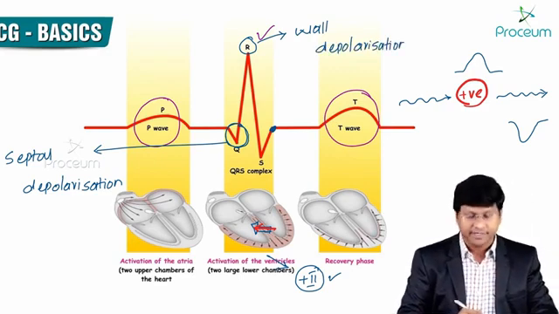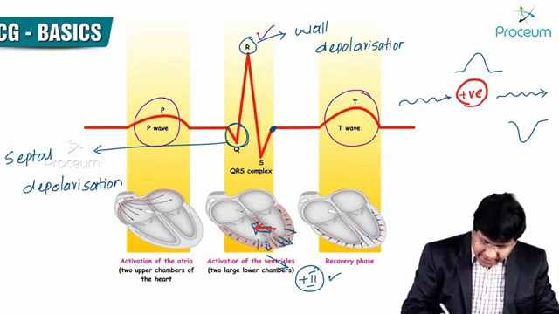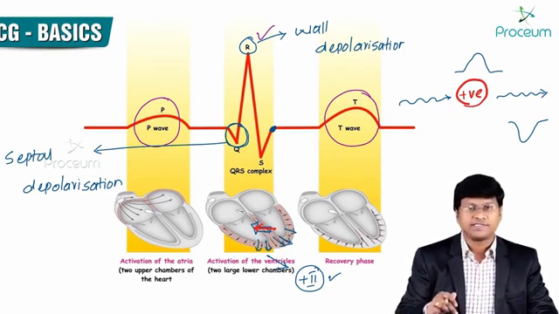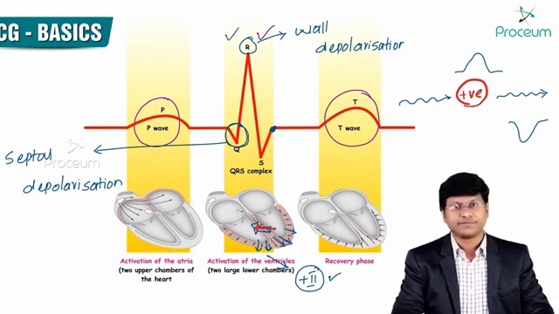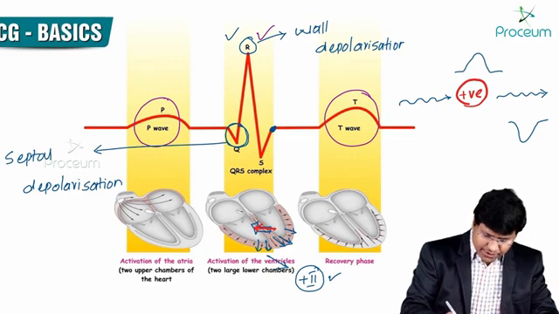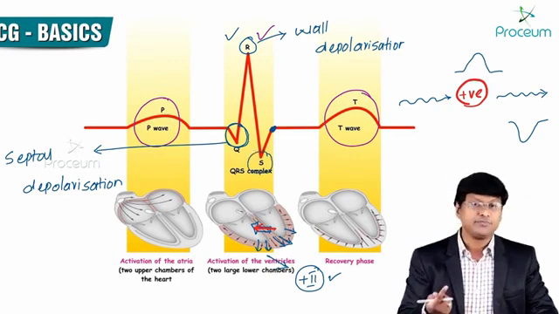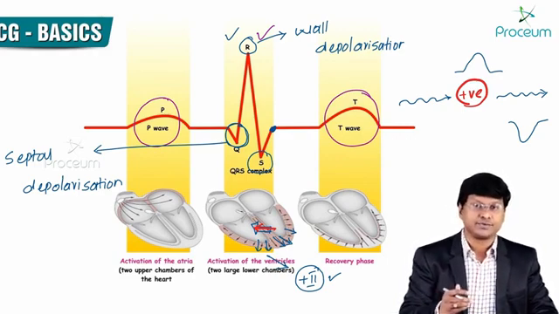What you should remember is that the direction of ventricular wall depolarization is towards the electrode. So when the ventricular wall depolarization axis or direction is towards the electrode, you will have a positive wave. Then you take the S wave. S wave is again a negative wave. Negative wave means what? The direction of depolarization should be away from the electrode.